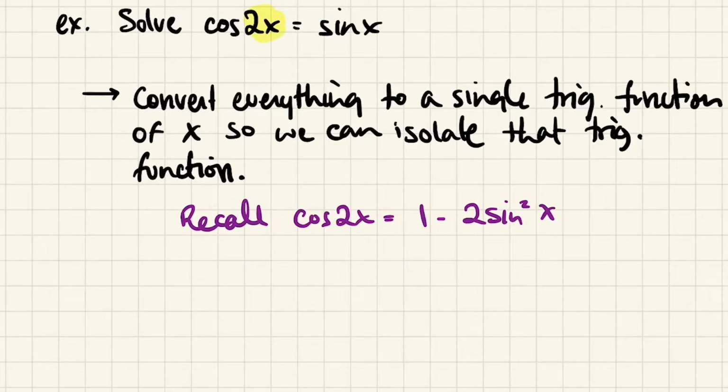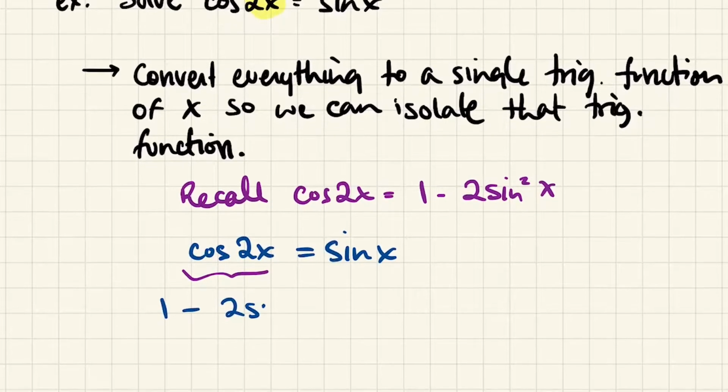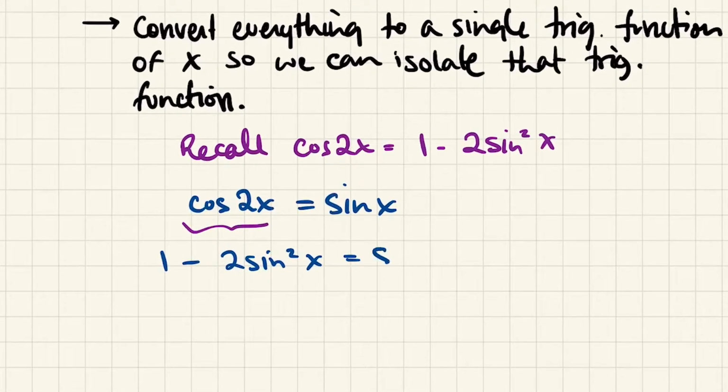And therefore, if we have cosine of 2x equaling sine of x, which is the original equation, we can replace cosine of 2x with 1 minus 2 sine squared of x. And now we have everything in terms of one trig function, which is just sine of x.